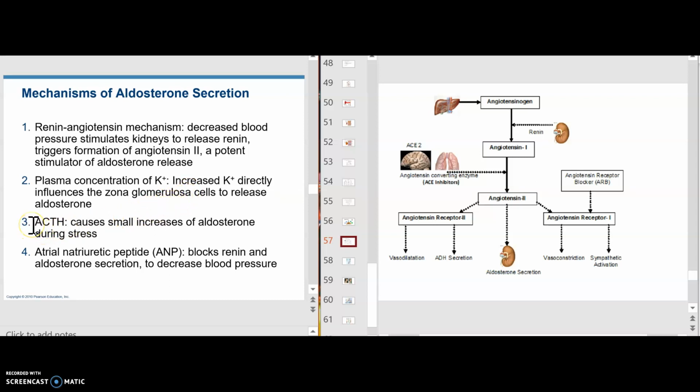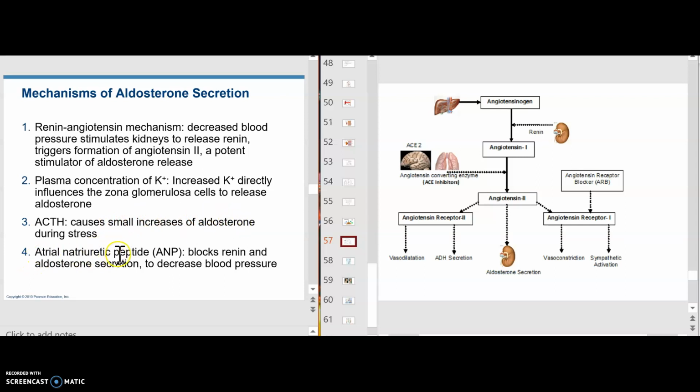Another that we discussed in the pituitary gland was ACTH, adrenal corticotrophic hormone. It can do something on the zona glomerulosa. Its primary site is the fasciculata with cortisol, but it does cause a small action there.